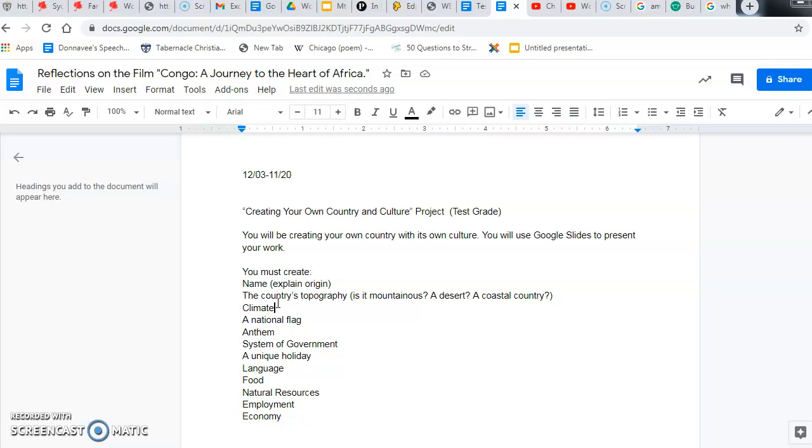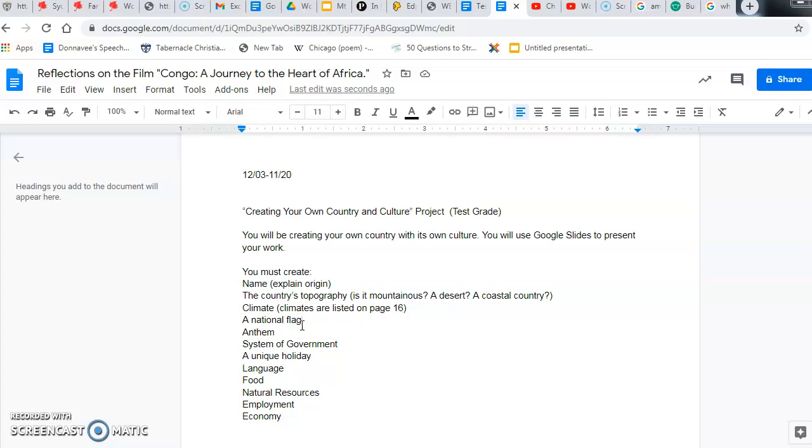So for instance, if you decided that your country was mountainous, then you might have a country that's very high elevation and it might have a polar climate. If you chose something that has desert, it might have a dry climate. Just for reference, I'm going to put this on here. Climates are listed on page 16 of your book, just for a refresher, if you want to go back and make sure you're matching the topography correctly with the climate.